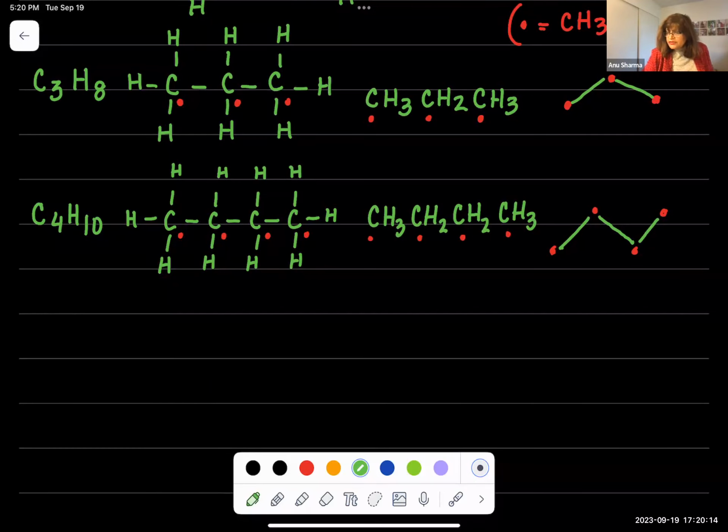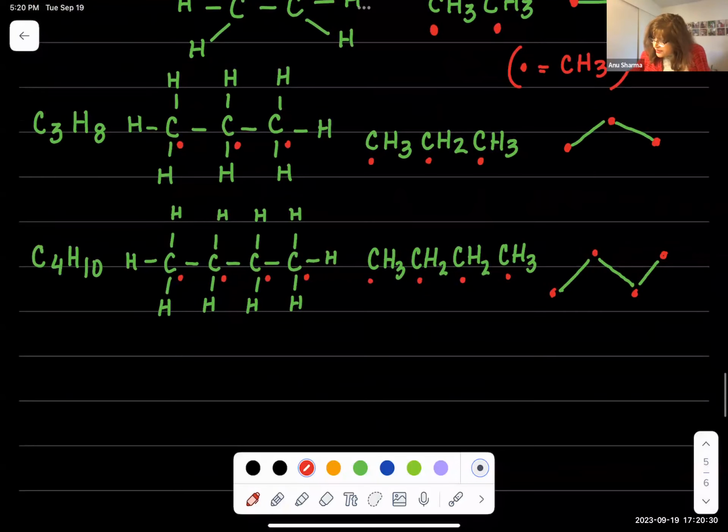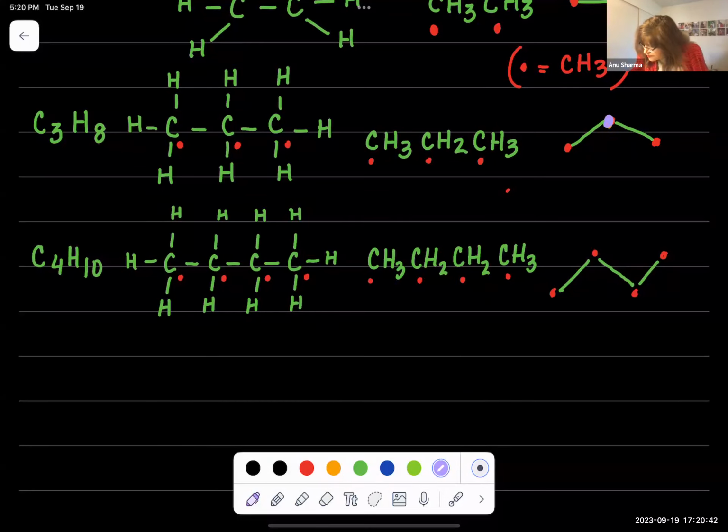Actually, the CH3s are not written, right? It's just like the corners or the middle, folded part. So just keep this in mind that the end part is the CH3. And then the middle part is the CH2. Let me put this in a different color. The middle ones, these ones, these are the CH2s.